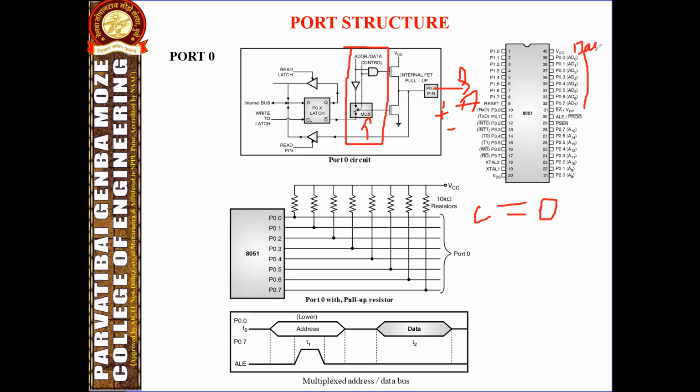These pins act as either data transfer or address transfer of the lower bits A0 to A7. This acts as the lower address transfer. If control signal C becomes 0, then these pins become IO ports. If the control signal becomes 1, then these pins are used as the address or data transfer bus.